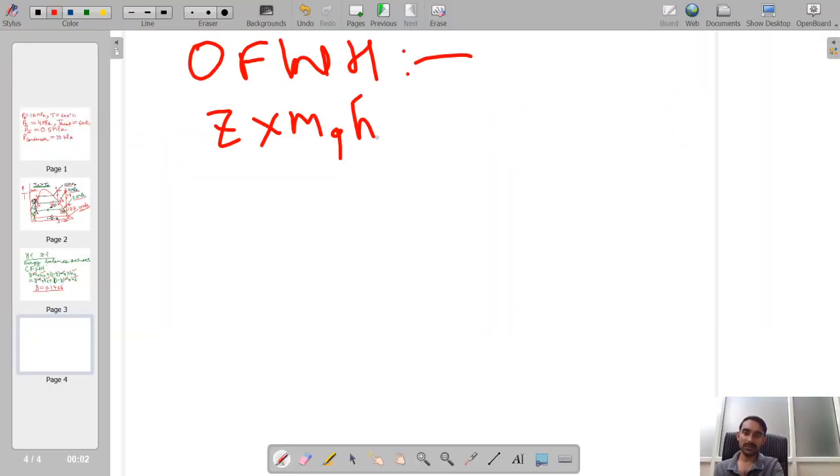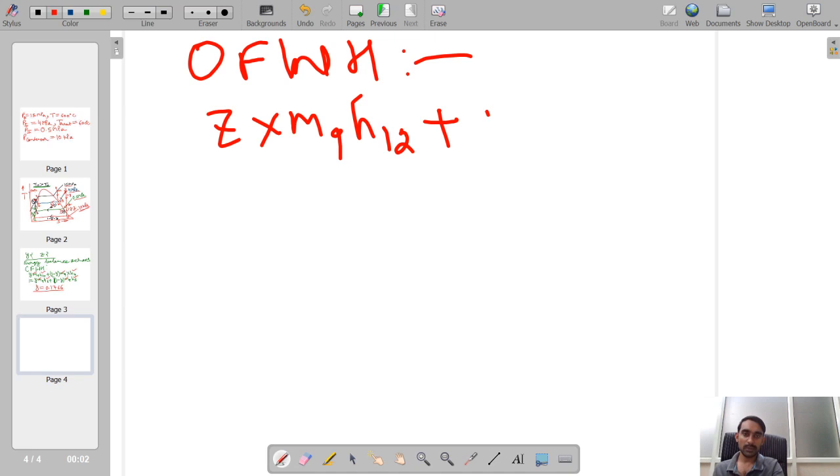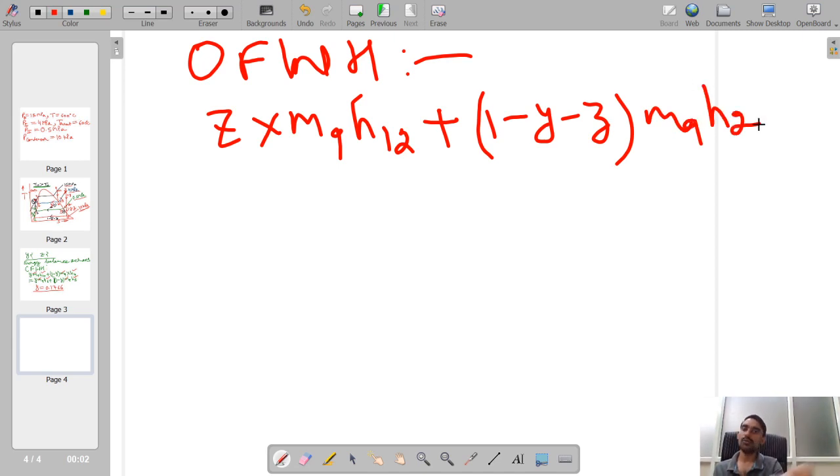So this is coming with enthalpy of 12, plus over here state number 2 is entering the open feed water heater. The mass at 2 is 1 minus Y minus Z fraction. So I can simply say plus 1 minus Y minus Z into M9, and this enthalpy is equal to H2.